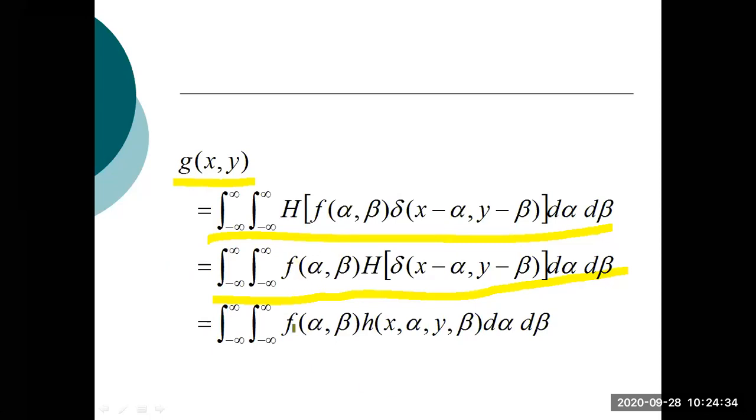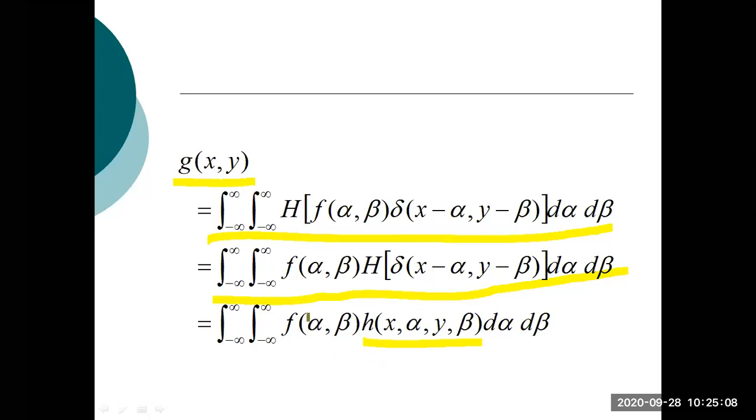So what is capital H? Frequency domain, and if you take this of the impulse, it is like this: h of x comma alpha comma y comma beta into d alpha d beta. So your impulse function, delta of x minus alpha, is modified into the spatial domain.